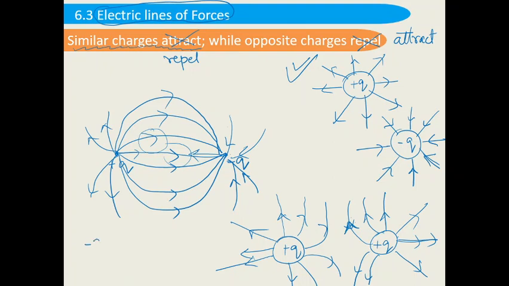Similarly, if you consider minus q, this is a minus q charge, and again this is a minus q charge. There will be a termination and the electric lines of forces again are getting terminated like this.